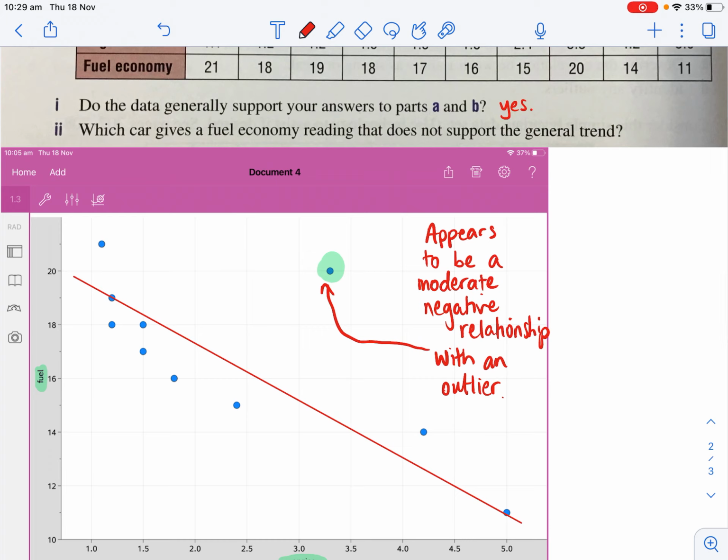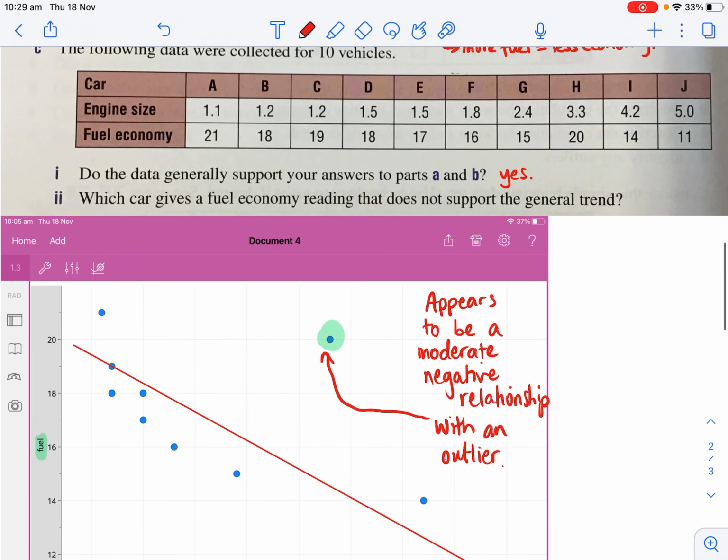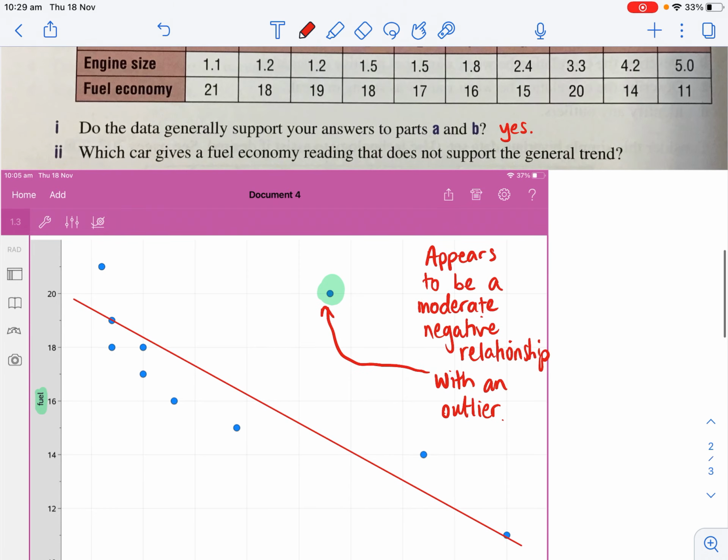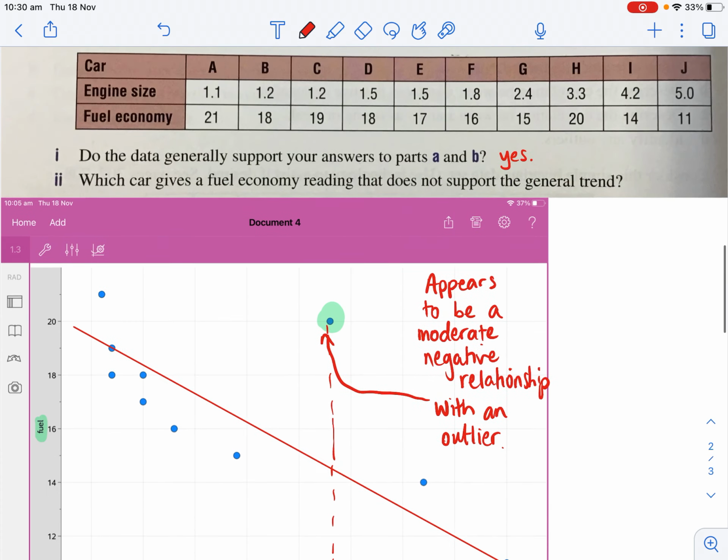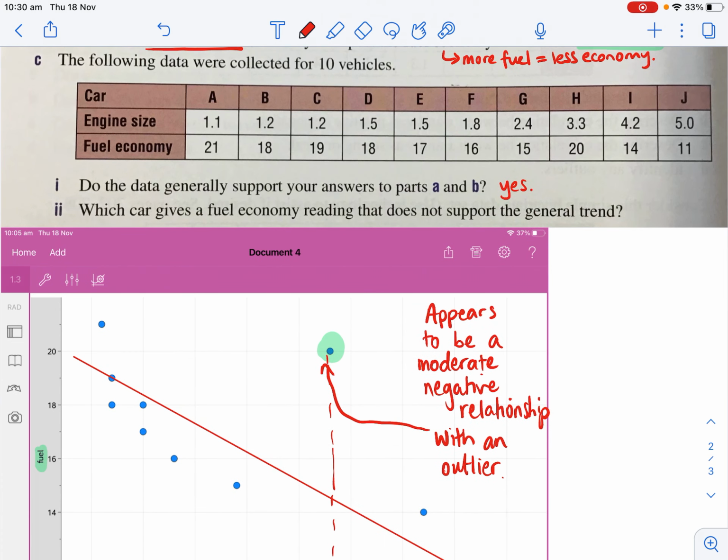Which car gives a fuel economy reading that does not support the general trend? It is absolutely this car here. That is the car with an engine size of about 3.3. If we look up in our data set, here's my engine size that is 3.3.